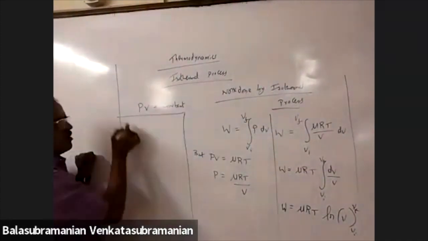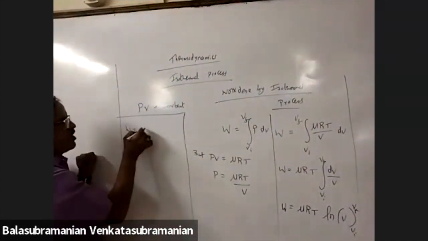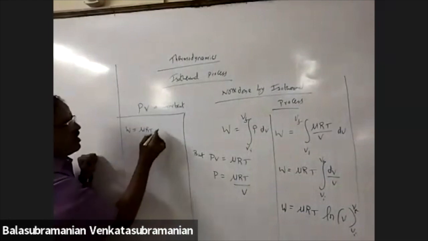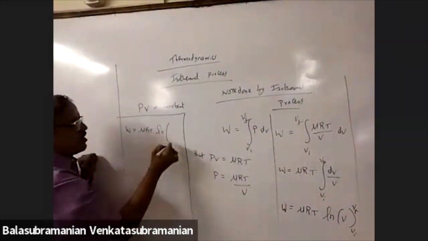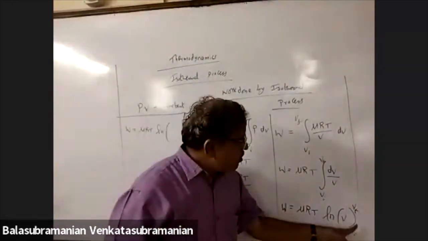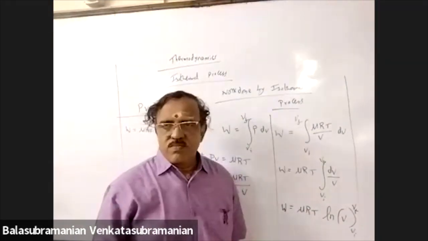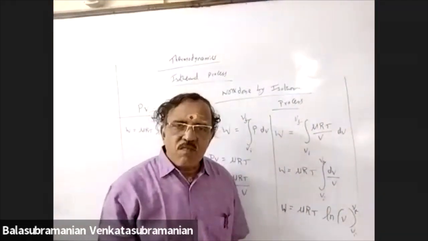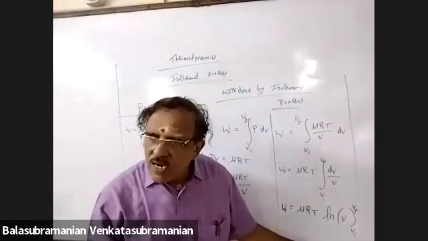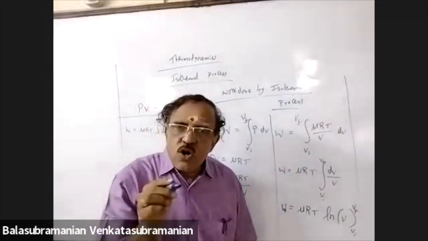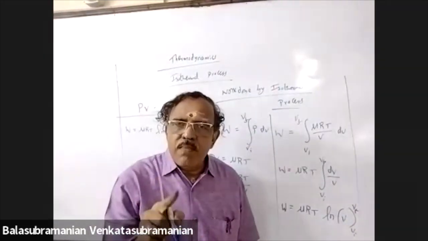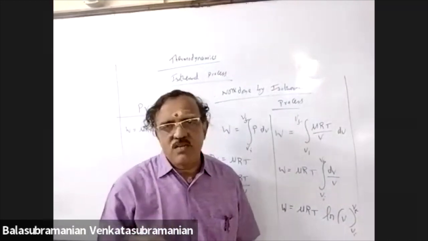So what will it be? W is equal to Q or E, logarithm of upper limit minus lower limit. What is the upper limit here? Vf. Lower limit Vi. So log Vf minus log Vi.